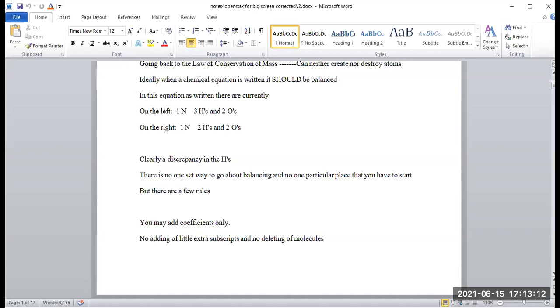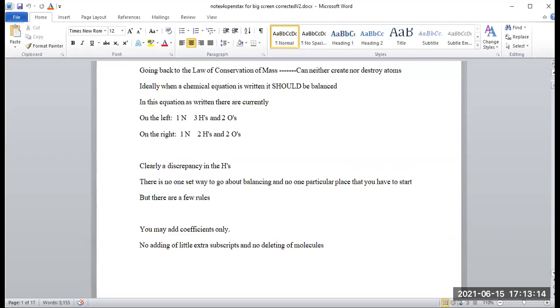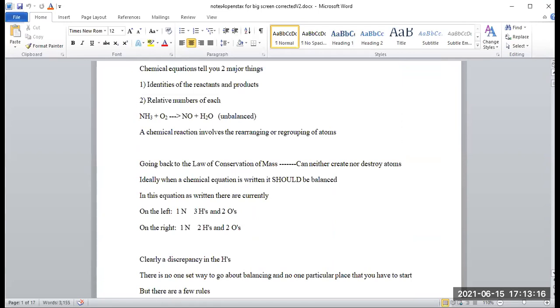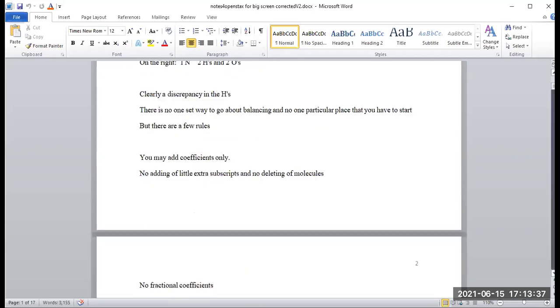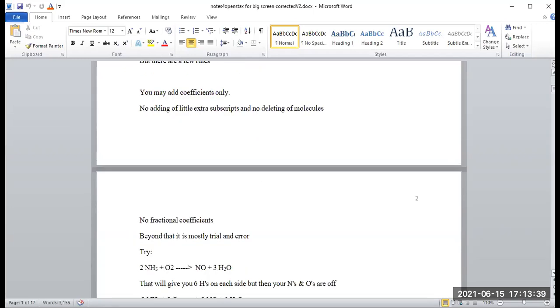If I go back up here a little bit, I could actually fix this by making it NH2 and O2 gives me NO and H2O. Yeah, no, that's not allowed. I can't change it to make it a different molecule only for the purpose of making it be balanced.